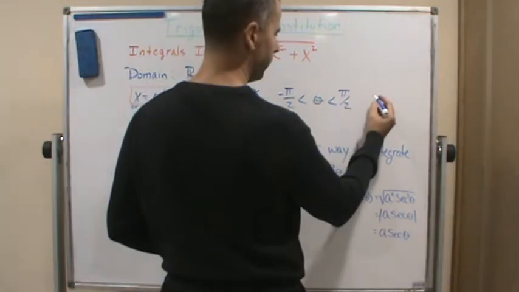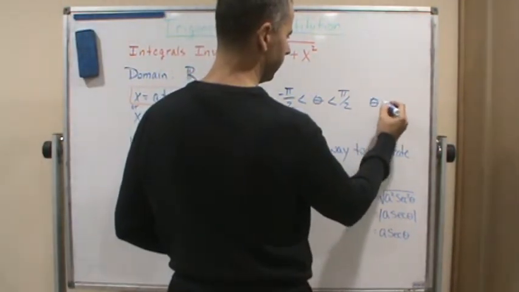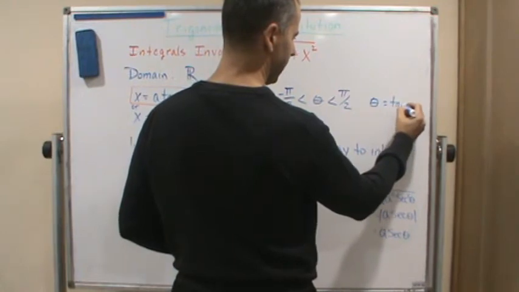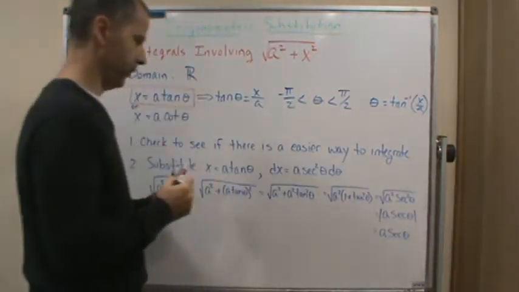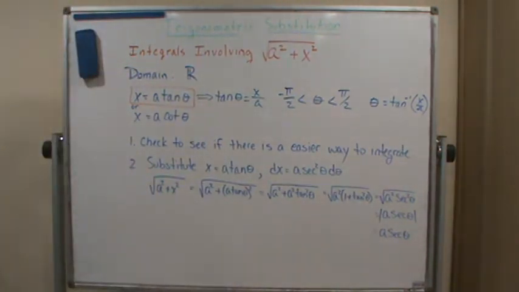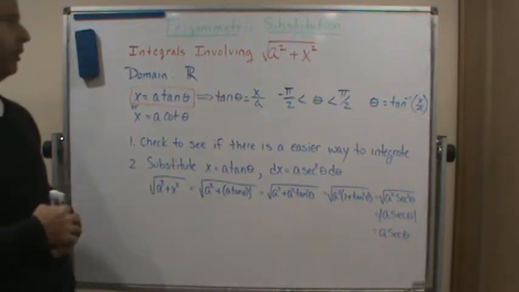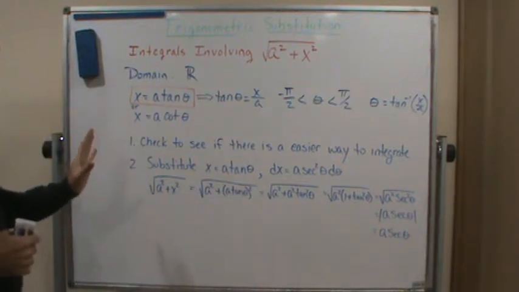We define it this way so we can make sure that theta is equal to the inverse tangent of x over a.